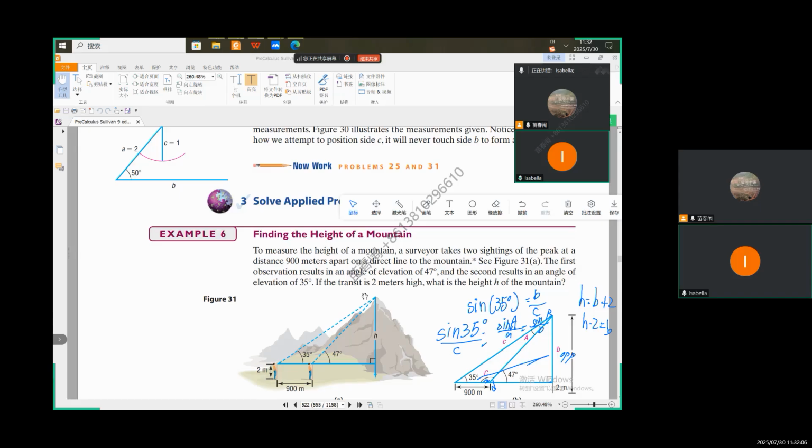Oh, wait, let me think. I put it equals 1 because sine 90 degrees over something divided by itself should be just 1.